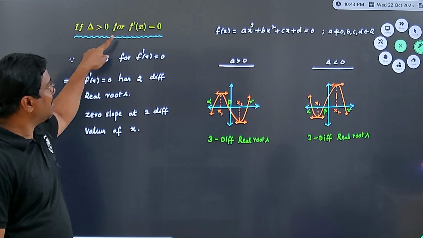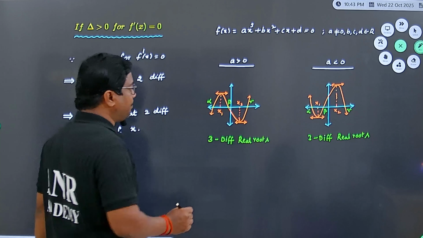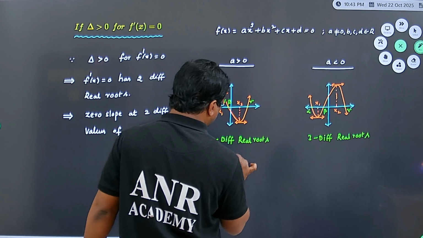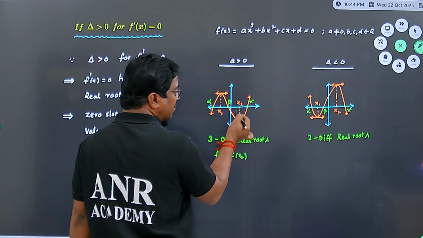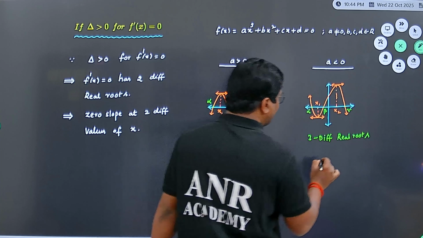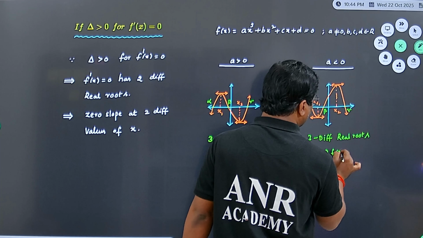Whenever delta more than 0, f dash of x equals 0, and here also we can write in this case f of x1 into f of x2. F of x1 positive, f of x2 negative. In this case positive into negative becomes negative, and here f of x1 negative, f of x2 positive.